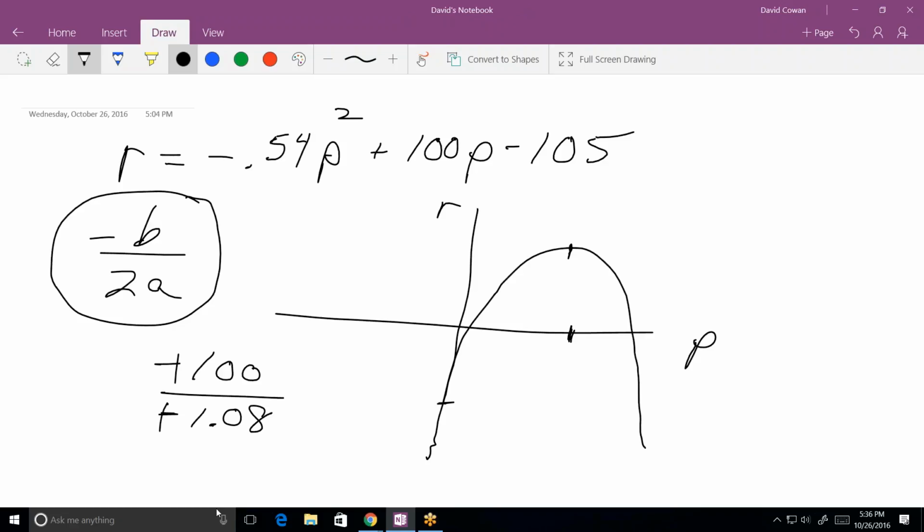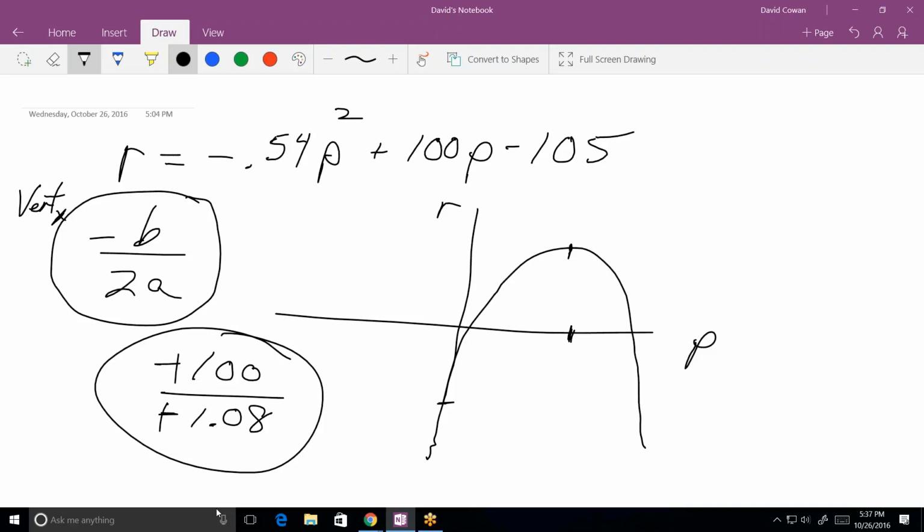So whatever that number is, you can use your Inspire to figure out what 100 divided by 1.08 is. But what is negative b over 2a solving for? That solves for the x-coordinate of the vertex.